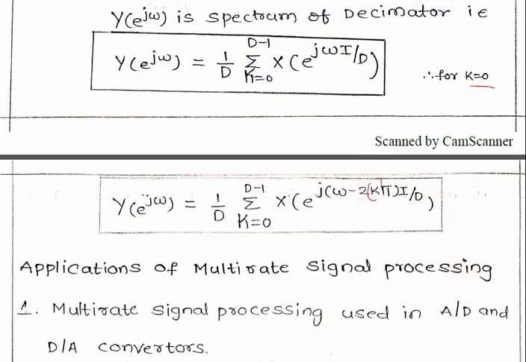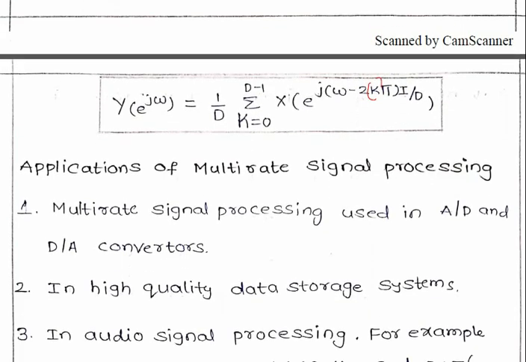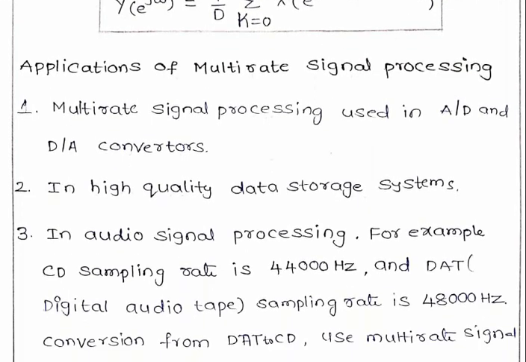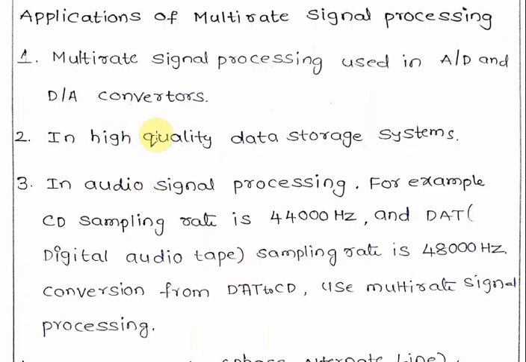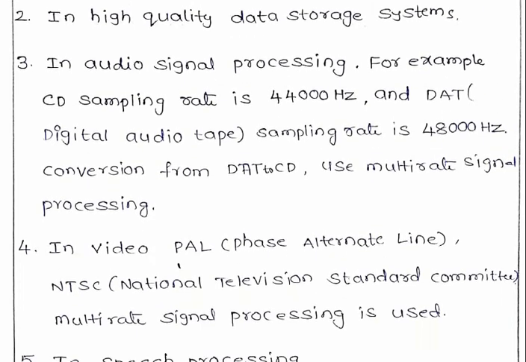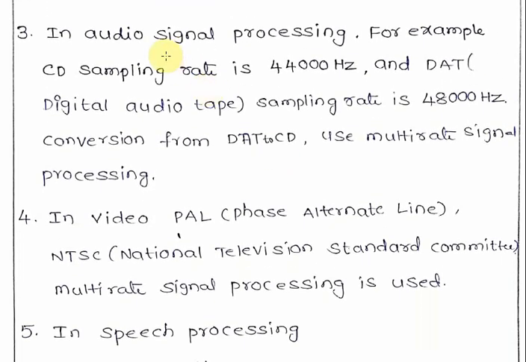Now we are going to discuss applications of multi-rate signal processing. Multi-rate signal processing is used in analog to digital converters and digital to analog converters, and it is used in high quality data storage systems. This application we already discussed in the introduction class of multi-rate signal processing.